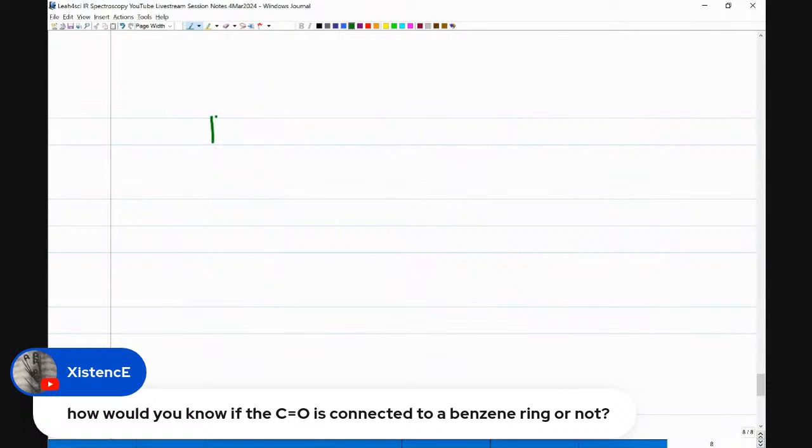You're asking, how would I identify if I have, say, a benzoic acid? I would see the carboxylic acid. I would see the carbonyl. I would see the benzene ring. I would see that I don't have any sp3 carbons.